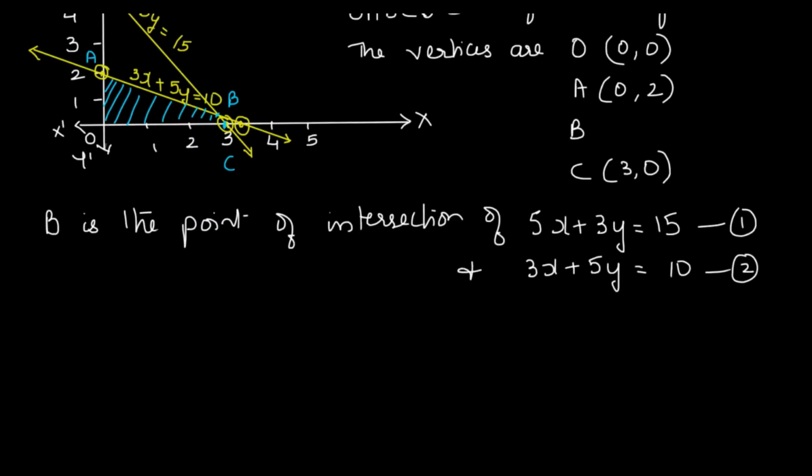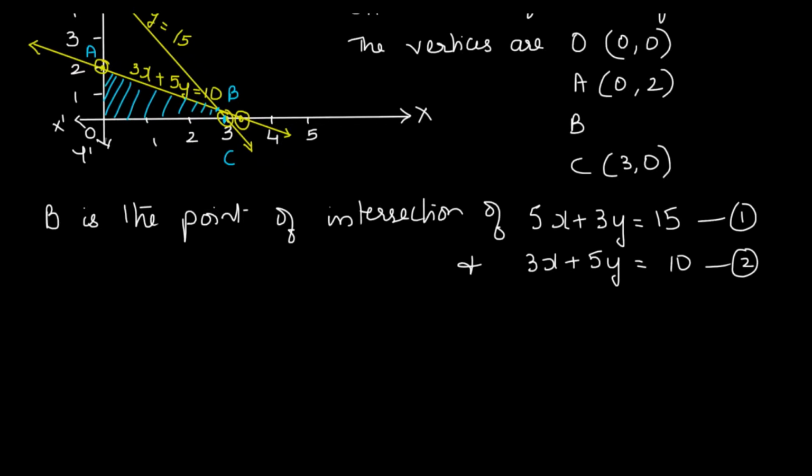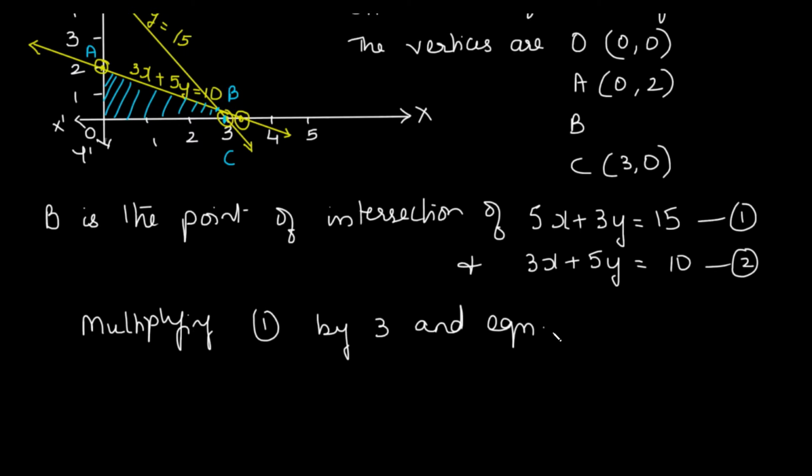Now we can solve both the equations by any method that we want. Here what I will do is multiply equation 1 by 3, so that the x coefficients become the same, and also equation 2 by 5.